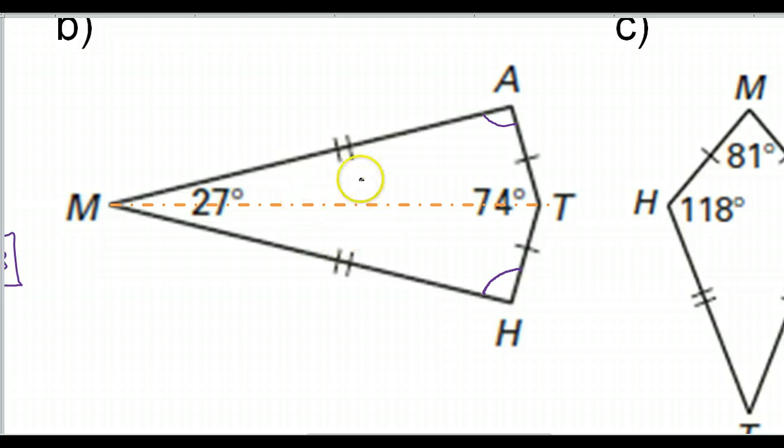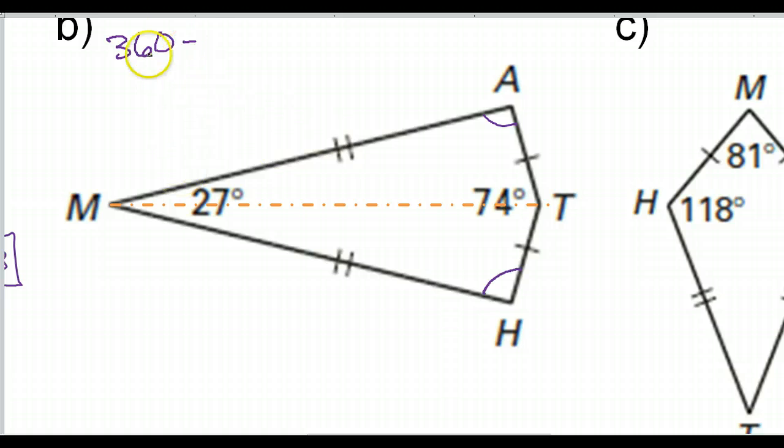Well, how many degrees total are there in any quadrilateral? Alright, there are 360 degrees total. So let's start by subtracting the two that we have and see what's left.